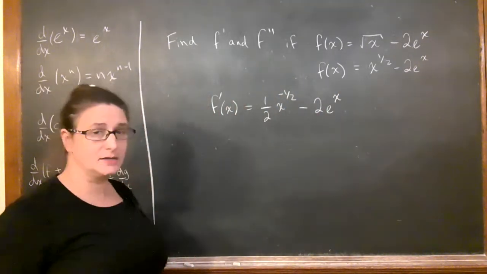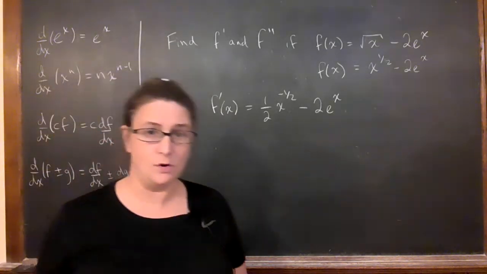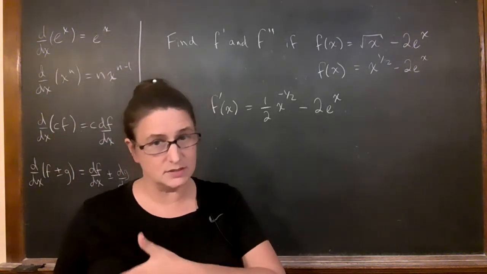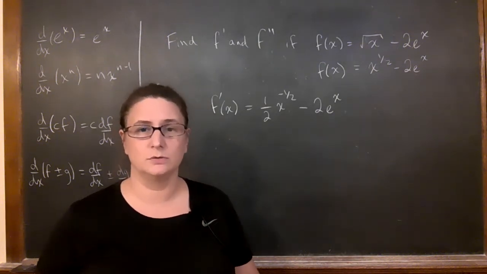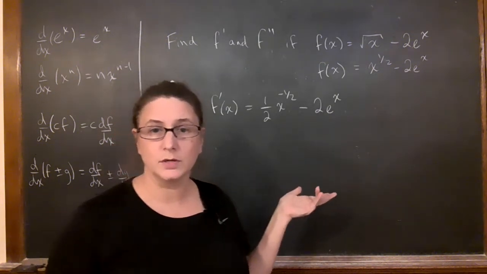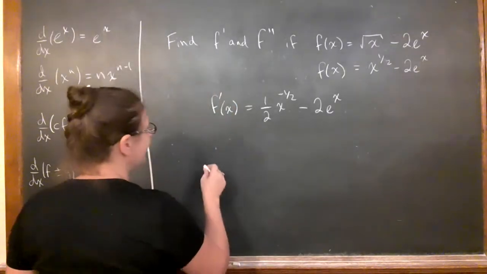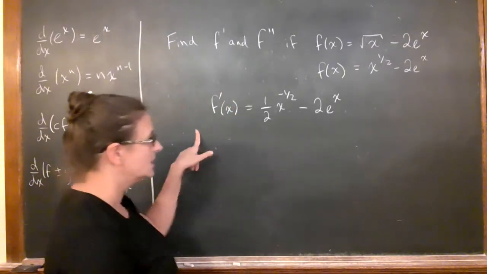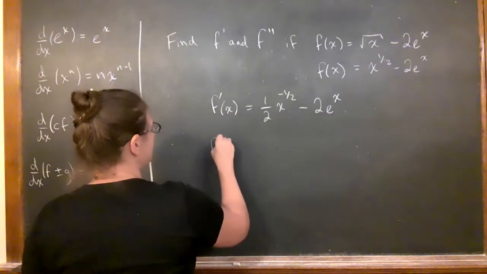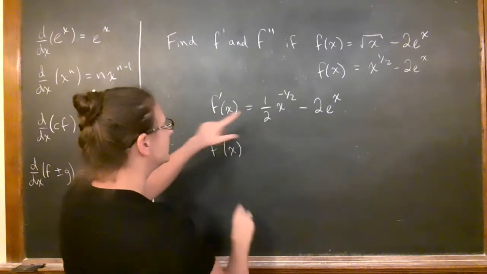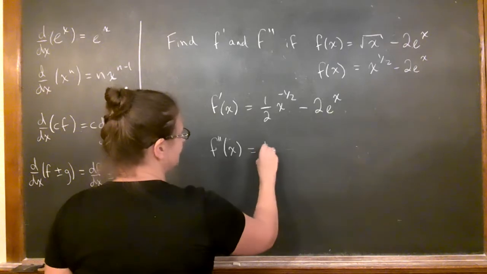Now, second derivative. I told you what second and third derivatives were before, but we didn't do them with the power rule. Now we can do it pretty fast. We just take this and take the derivative again. So power rule, but now I've got a coefficient in front, so I just leave it there.